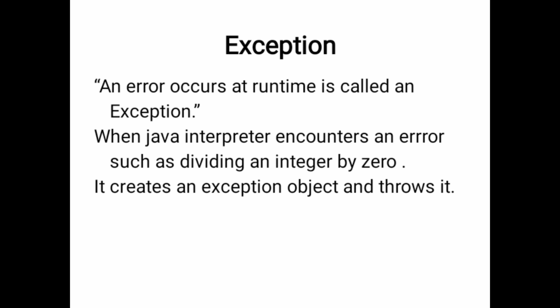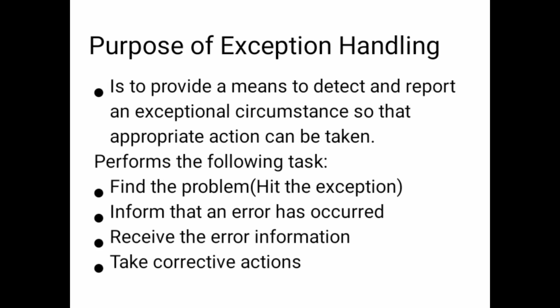This is known as exception handling. The steps taken to handle the exception are finding the problem, which is called hit the exception; then informing that an error has occurred, that is throw the exception; receiving the error information, catch the exception; and taking the corrective action, called handle the exception.